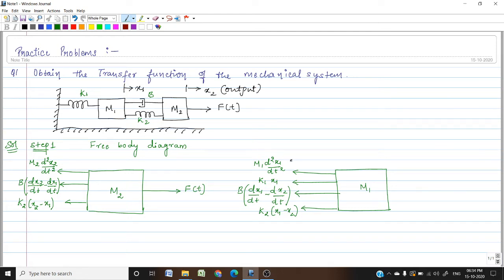And when we are writing for mass M1, the difference should be dx1 by dt minus dx2 by dt. The reaction force direction will be opposite to that of the input force. Now with this, we can write the differential equations. For writing the differential equations, we have to calculate the net force acting on each body.